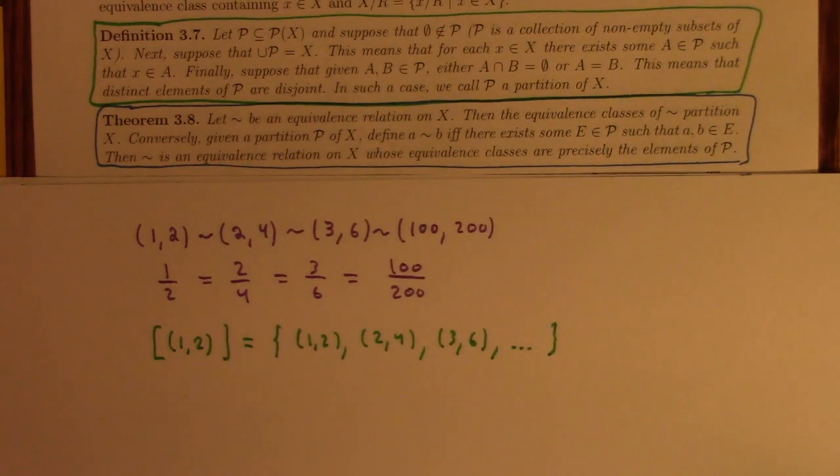In fact, then squiggle is an equivalence relation on X whose equivalence classes are precisely the elements of P.